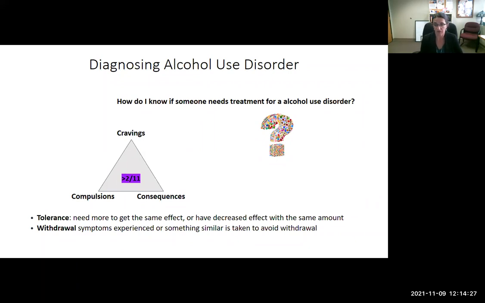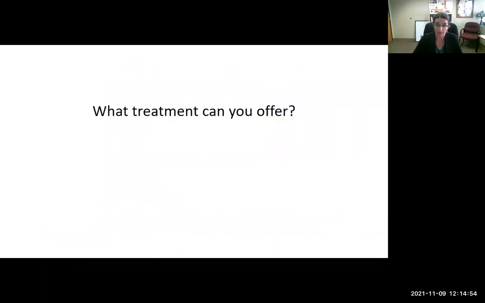You can think of them as grouped into cravings, compulsions for use, and consequences of use. And then also tolerance, which is needing to drink more to get the same effect, or having a decreased effect if you continue with the same amount, and then withdrawal symptoms. So based on what the patient told us about the withdrawal before and having some negative consequences, we already have, in this case, met criteria for an alcohol use disorder.